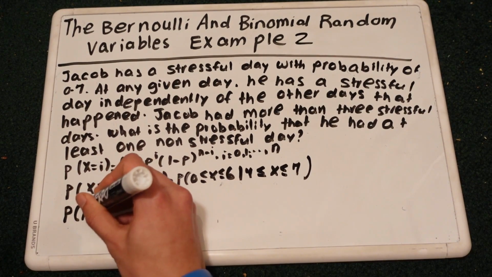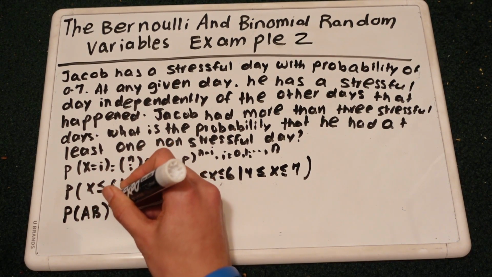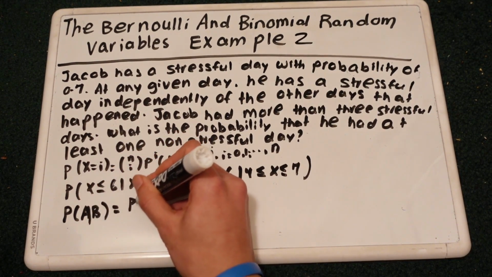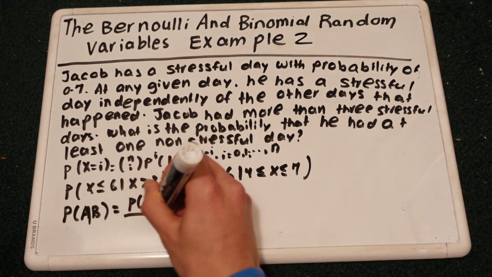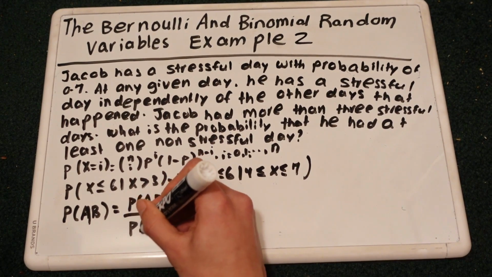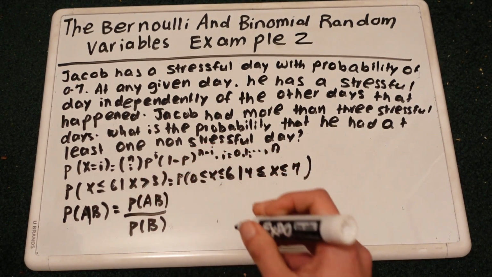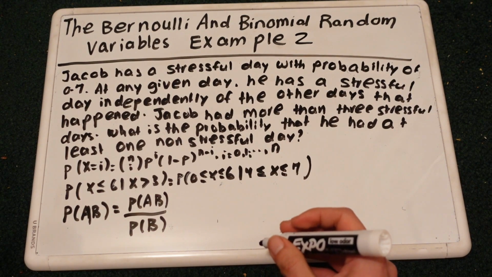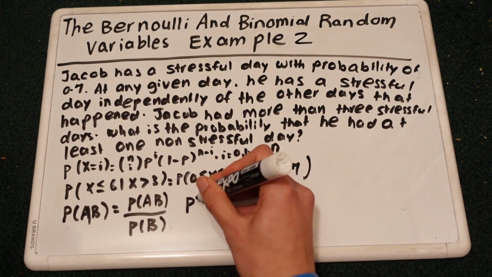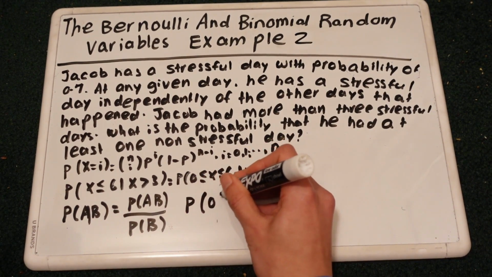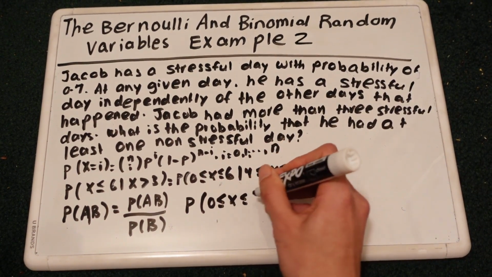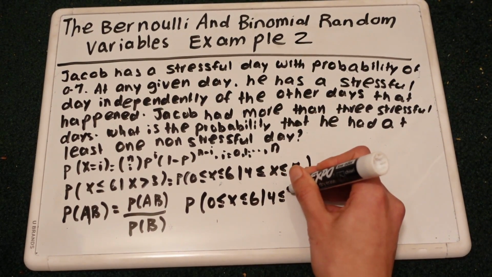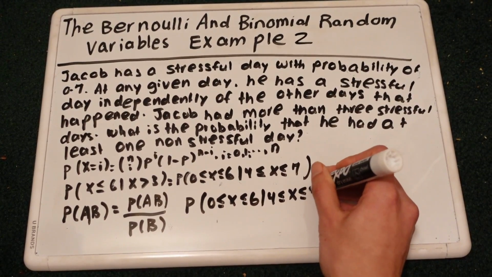So I can write the probability of A given B as the probability of A and B over the probability of B. So let me figure out the probability of X between 0 and 6 given X between 4 and 7.